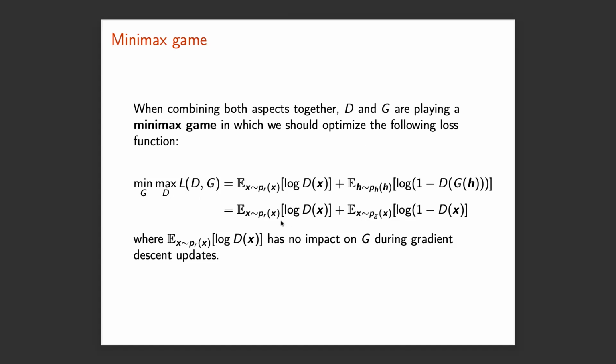These two quantities would then be replaced by what you do with the generator. The first quantity has no impact on G during a gradient descent update. The optimization runs through calculating the gradients of these expectation values.